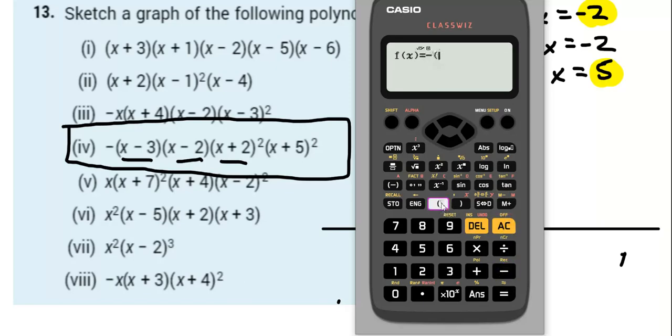Begins with a minus. Then x minus 3. What's x plus 5 then, is it?